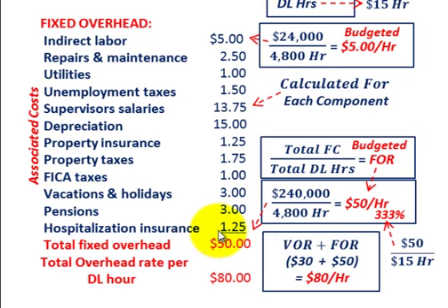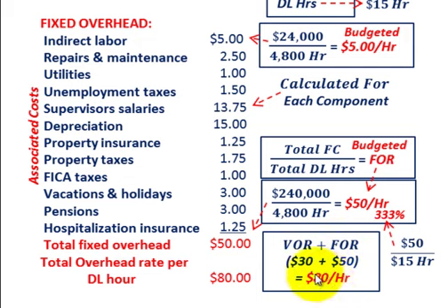Okay, so we got our total fixed overhead sitting at $50 here. So our total overhead rate per direct labor hour happens to be $80. That is our variable overhead rate that we calculated here at $30 plus our fixed overhead rate here at $50.